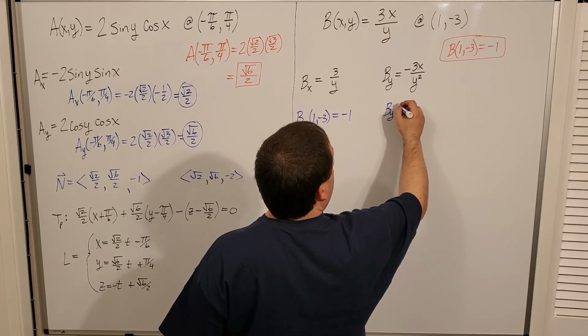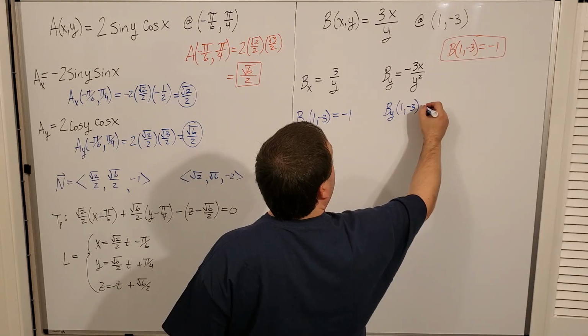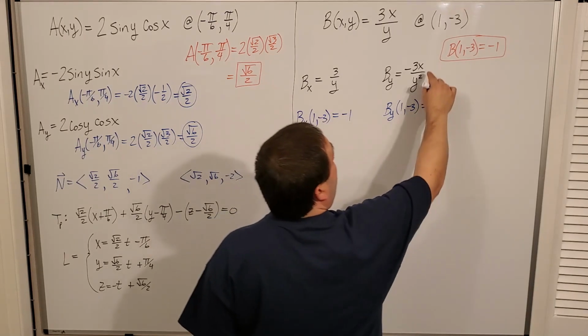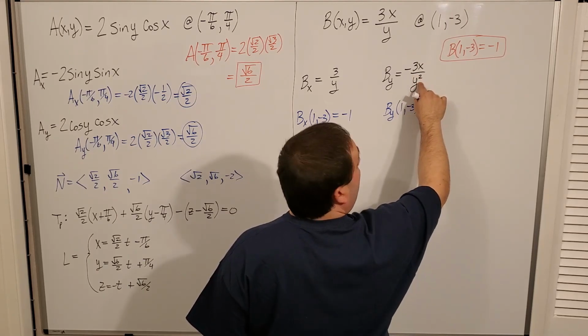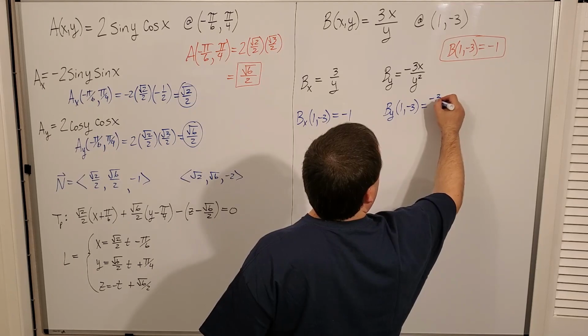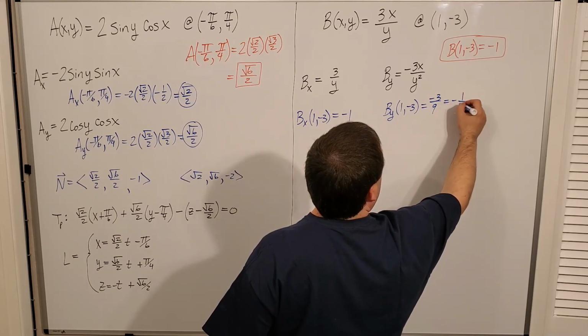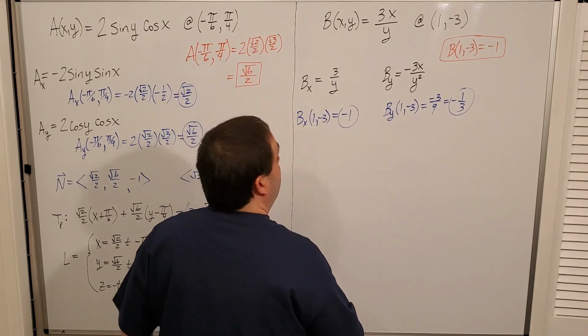And the partial derivative with respect to y at the location 1, negative 3: I have negative 3 times 1 is negative 3 over 9, because negative 3 squared, right? So negative 3 over 9, which is negative 1/3, right? Got my two components here now.